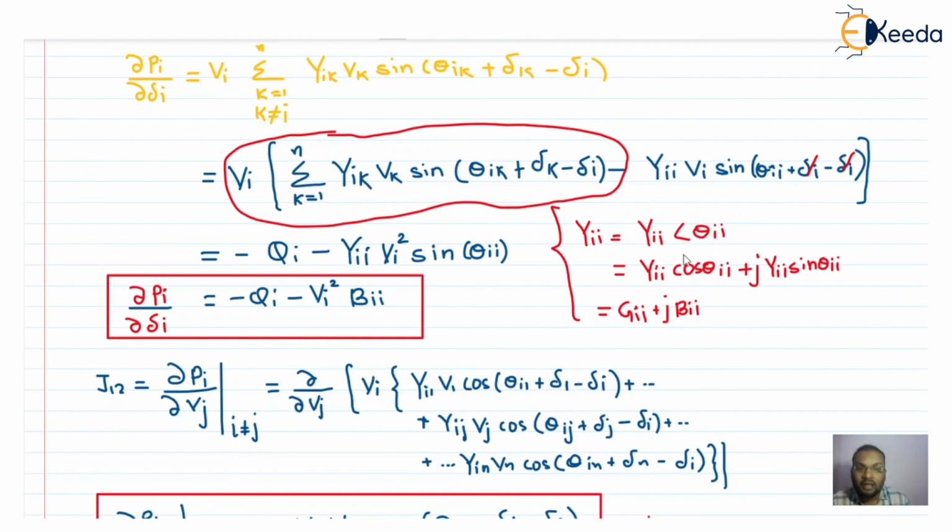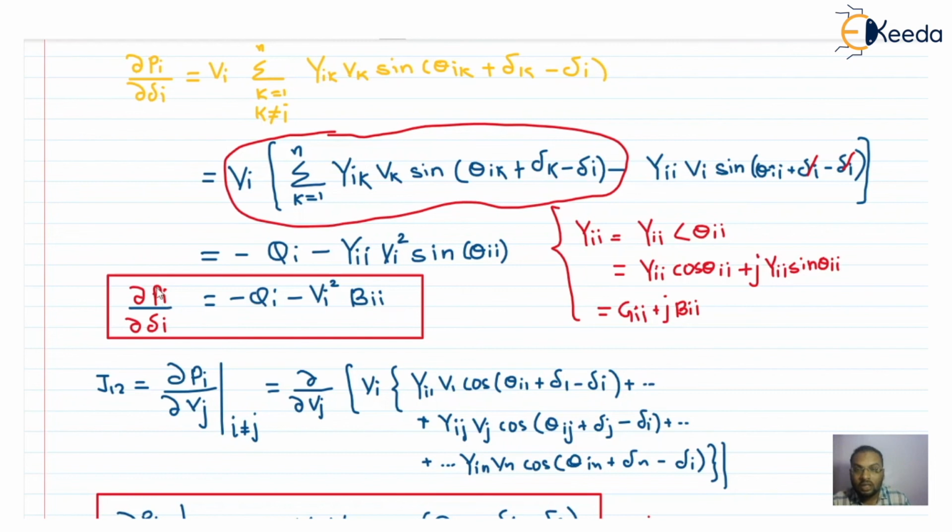See this Yii, can I write it as Yii at the angle theta ii? If I write this in rectangular form, it is Y cos theta plus j Y sin theta. Y cos theta is the conductance, and Y sin theta is the susceptance, so Yii sin theta ii is nothing but the susceptance value. I replace Yii sin theta ii with susceptance Bii.